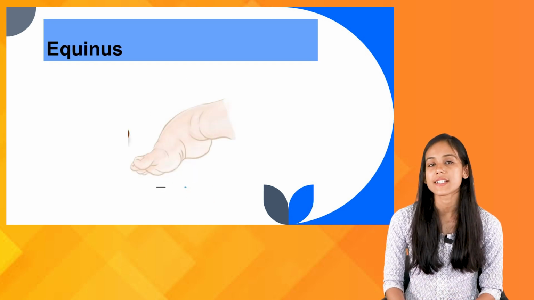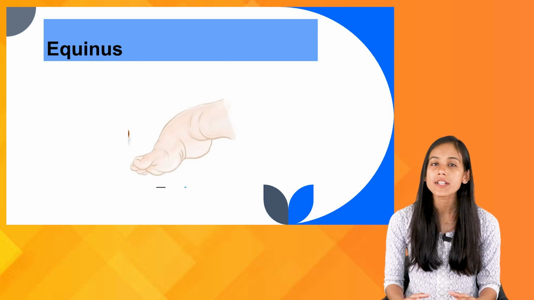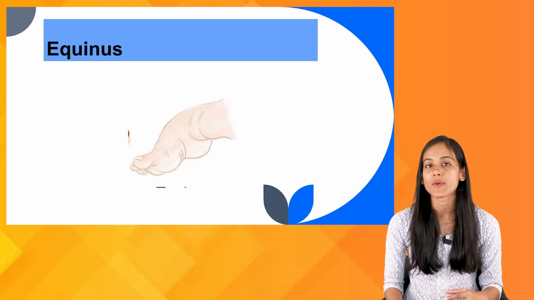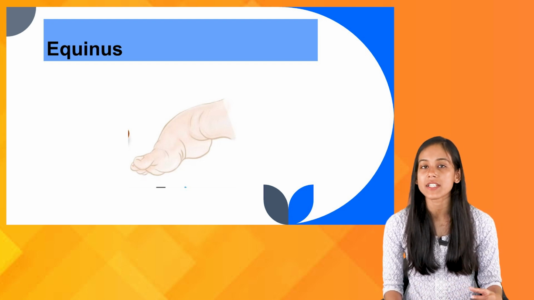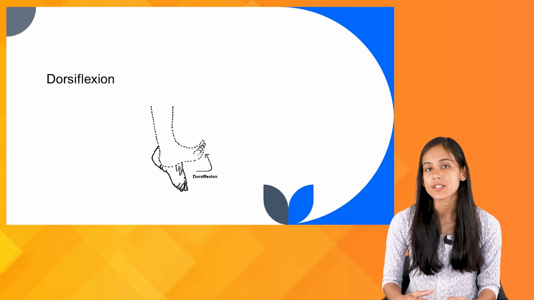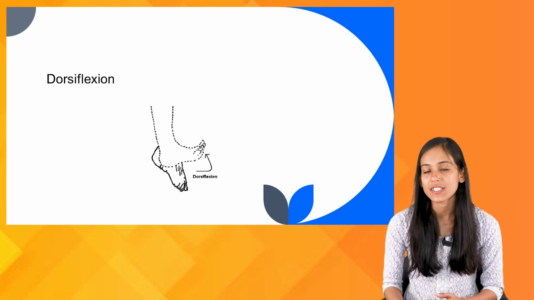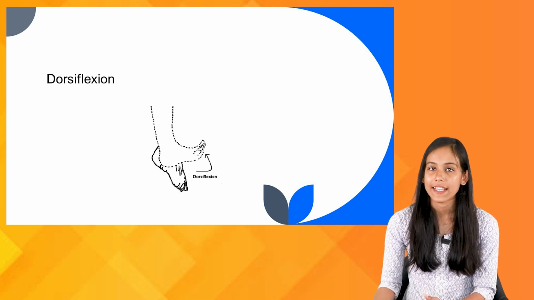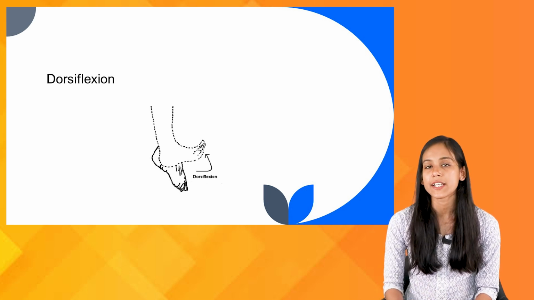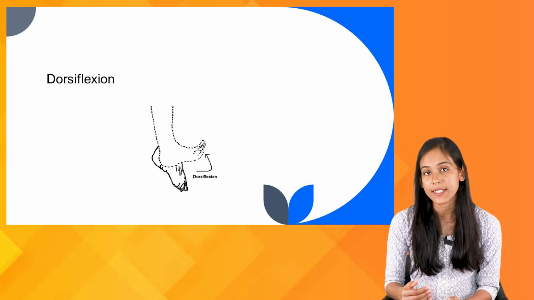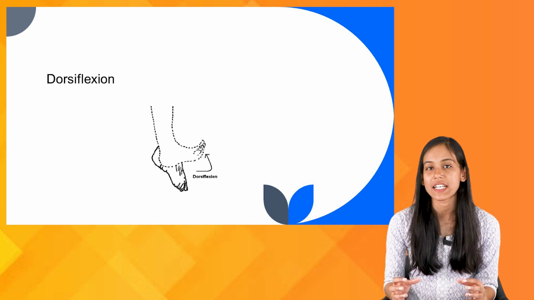And the last one is equinus. So what is equinus of foot? Equinus of foot happens when the ankle joints have limited flexibility and the dorsiflexion is limited. Now what is dorsiflexion? That we would discuss in later slides. Here basically you have to remember that when the ankle joint lacks flexibility or the dorsiflexion is limited, we call it equinus.